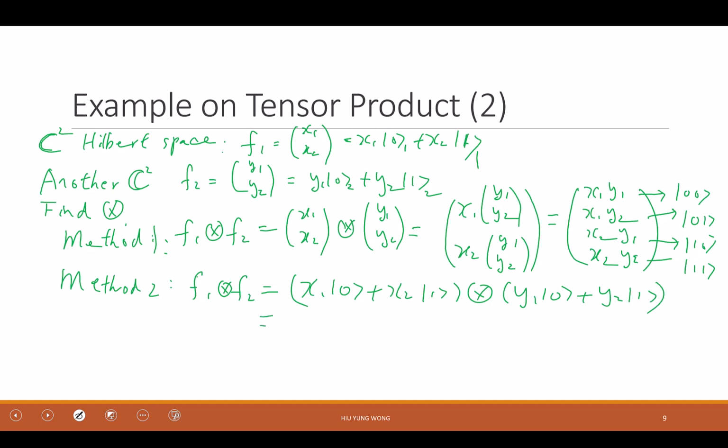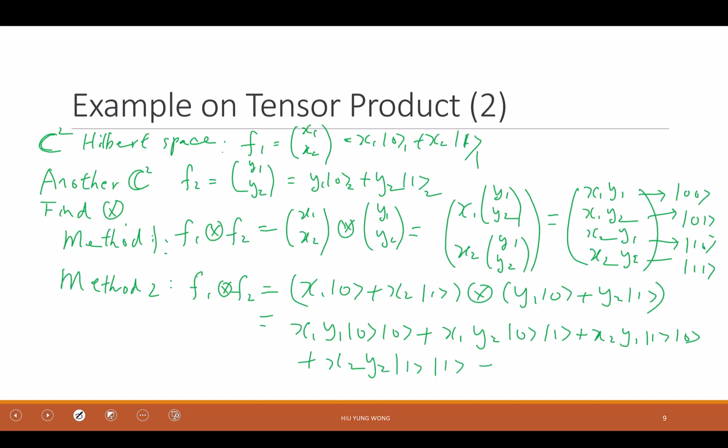Then do the distribution law, right? So what do we get? x1 y1 0 0. x1 y2 0 1. x2 y1 1 0. x2 y2 1 1.